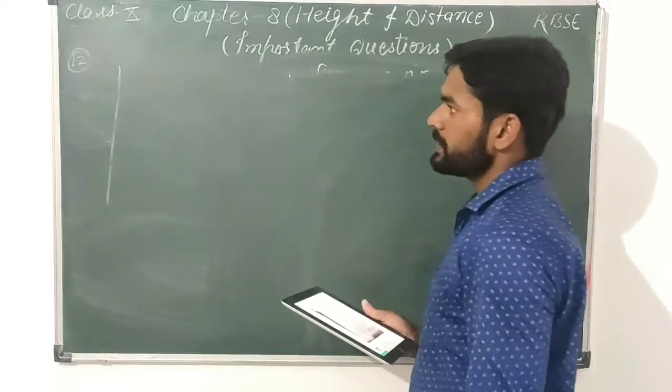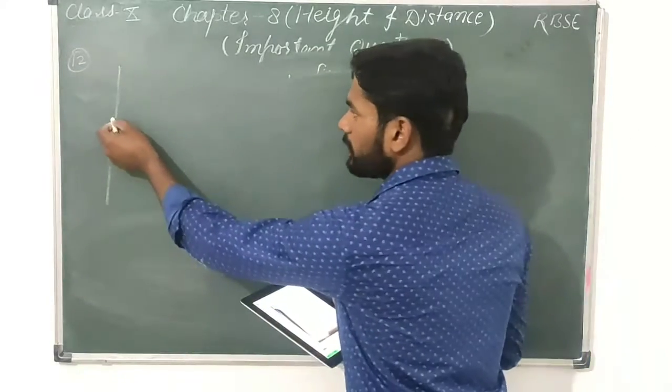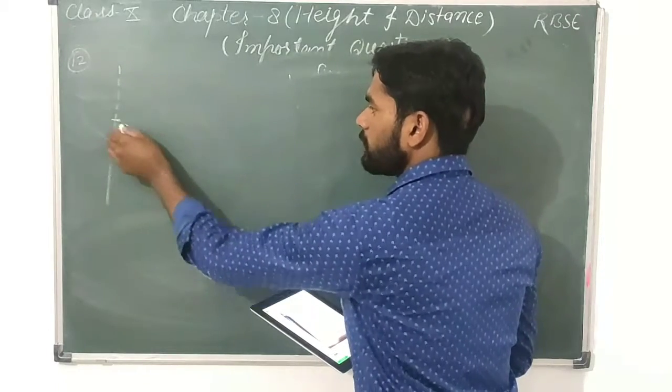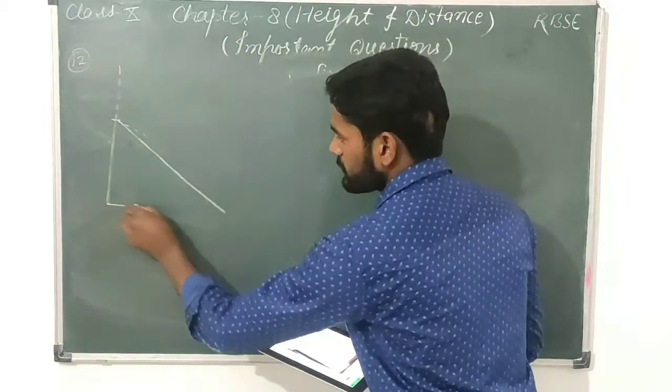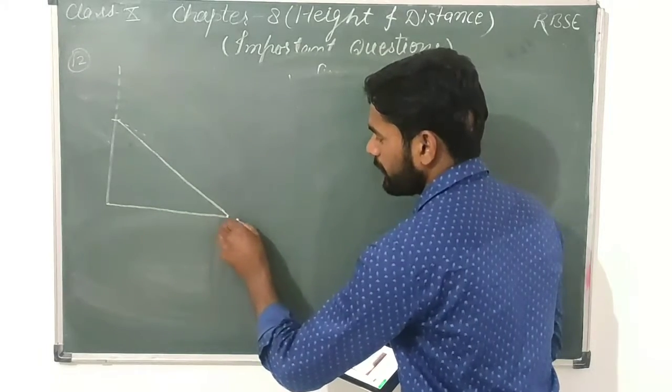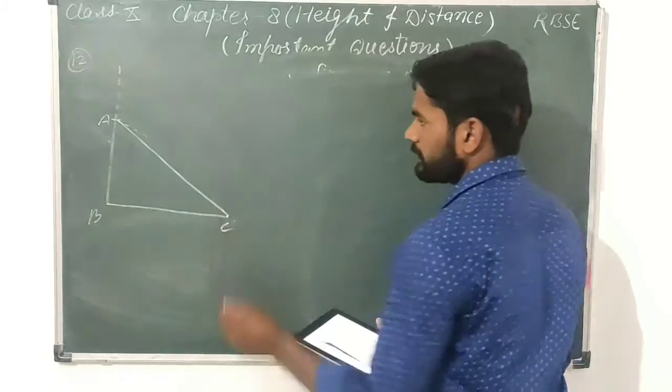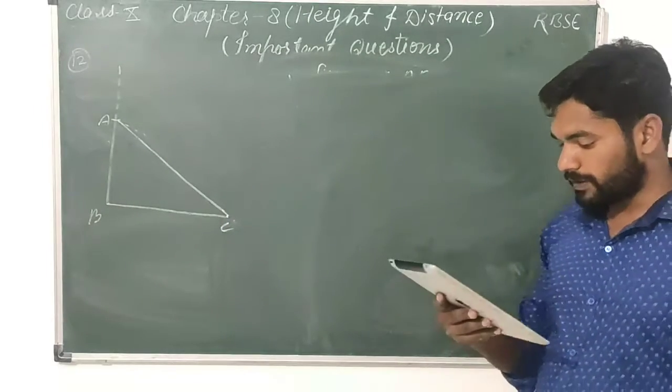Let's suppose it was a tree and it has broken from here. So let's show it with dotted lines. And the top of this tree touches a point on the ground.